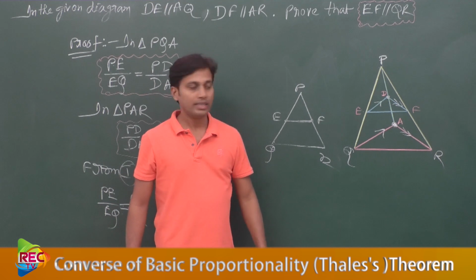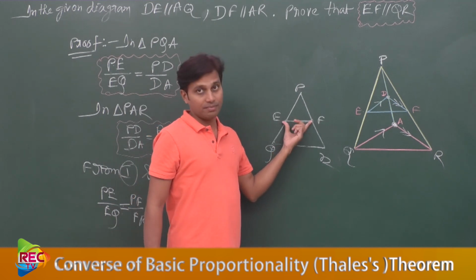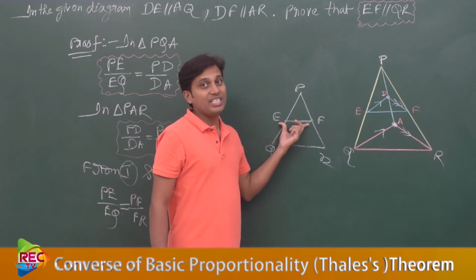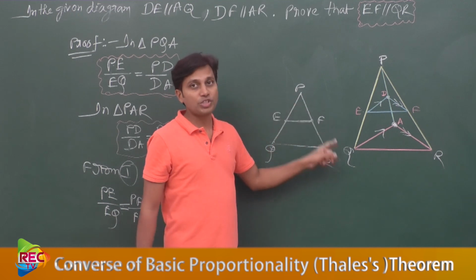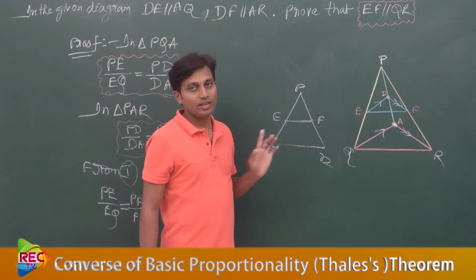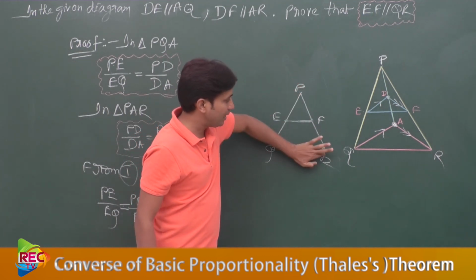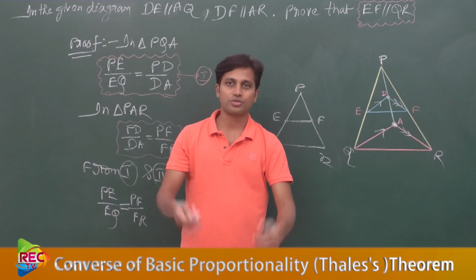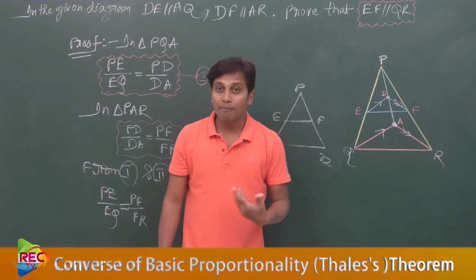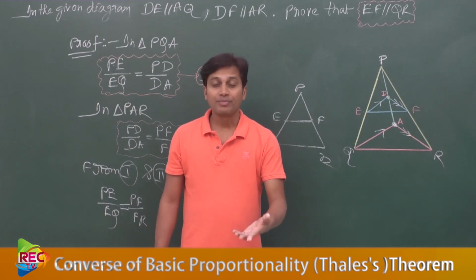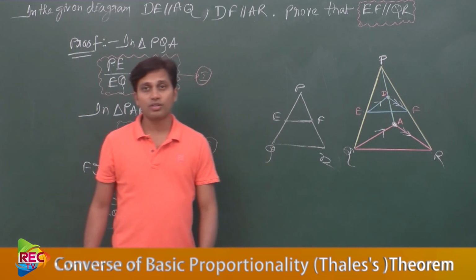What did we obtain? Here the line joining E and F, means line EF, is dividing the two sides proportionately, means in equal proportion. Got it or not? That means EF is dividing PQ and PR in the equal ratios. So can we apply the converse part of basic proportionality theorem or not?